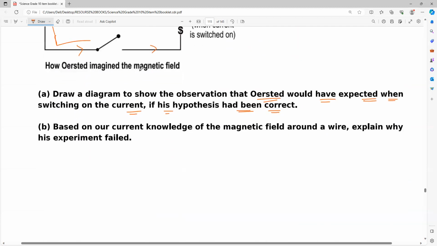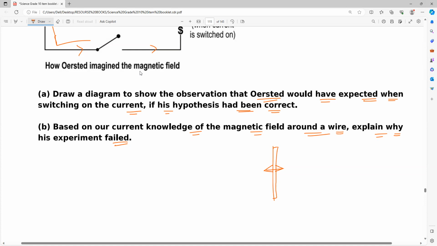Next: based on our current knowledge of the magnetic field around a wire, explain why his experiment failed. I already explained this. If the current carrying conductor is like this and the needle is already placed perpendicular, no force will be experienced, because the magnetic field due to a current carrying conductor is always perpendicular to the wire.